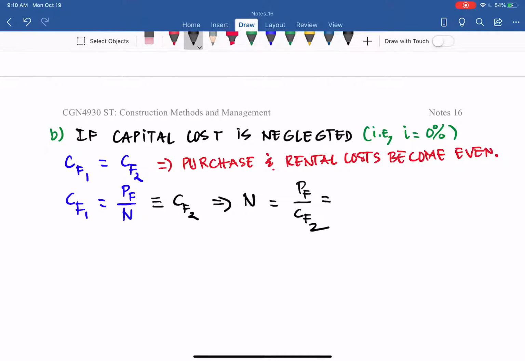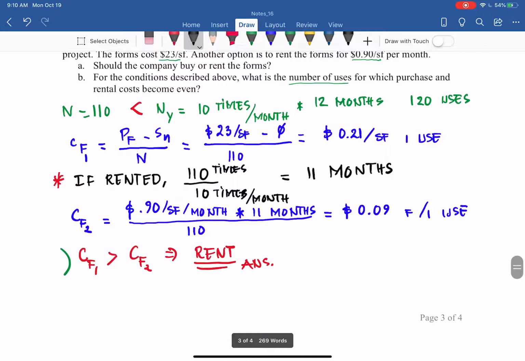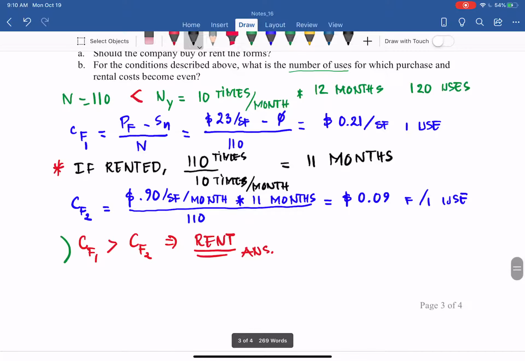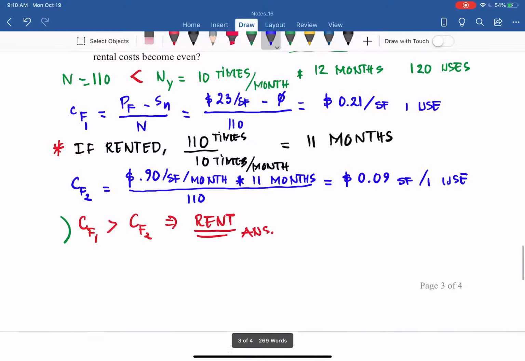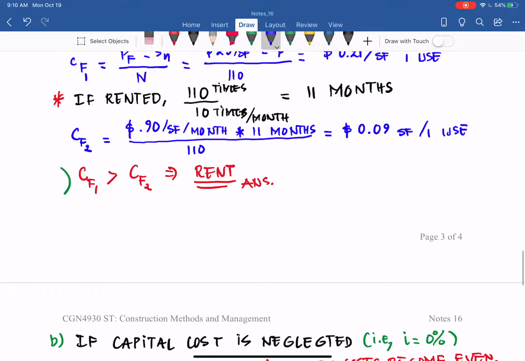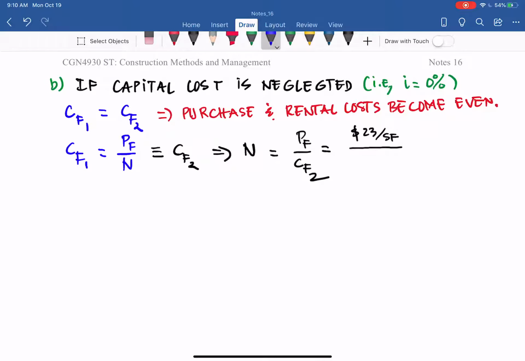Plug in, that is 23 per square foot. CF2 we already found out, 9 cents per square foot per one use.